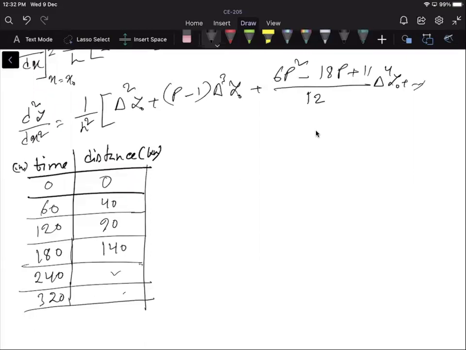So this is your set of data. So if I ask you what will be the velocity. You have the time versus distance data. Distance is suppose x or s, anything, and this is t.